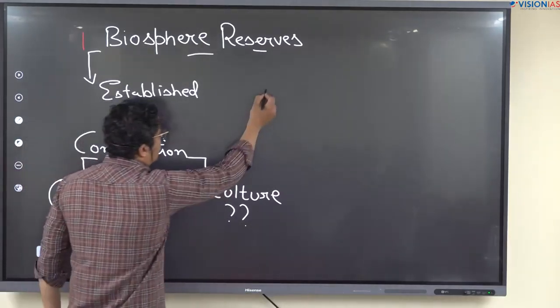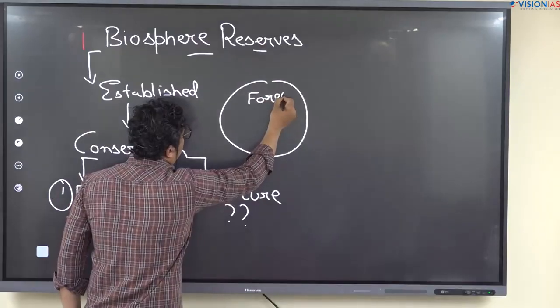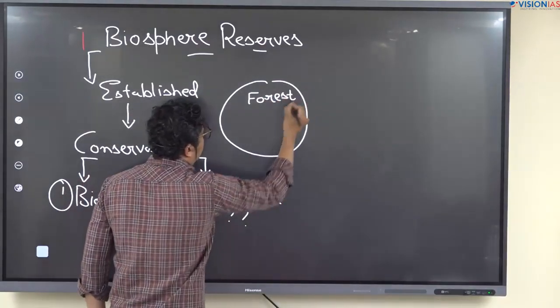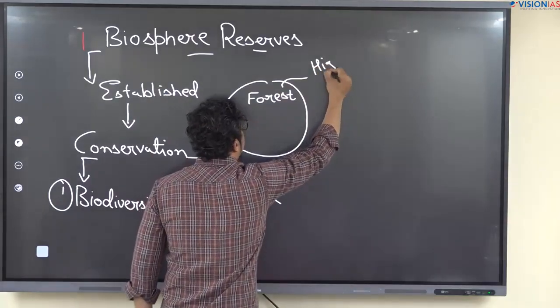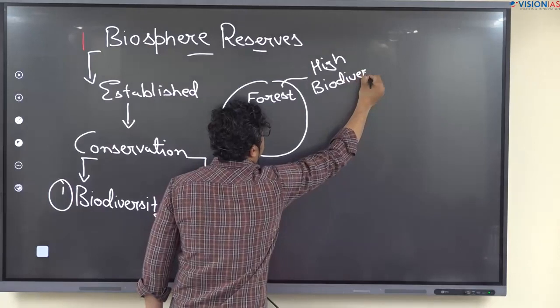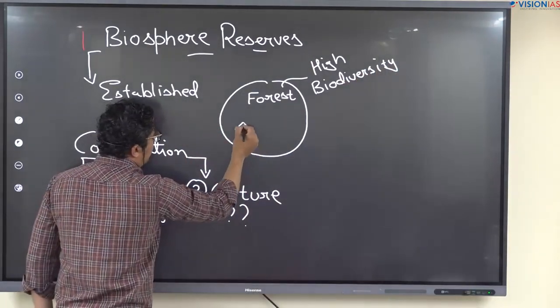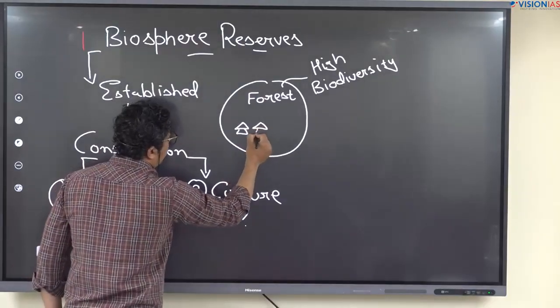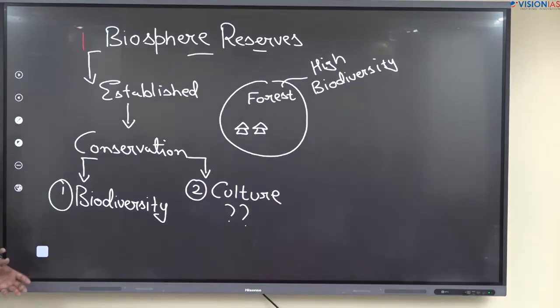Suppose in a forest, you will find high biodiversity. And in this forest, there also lives a tribe. A community is also living there.